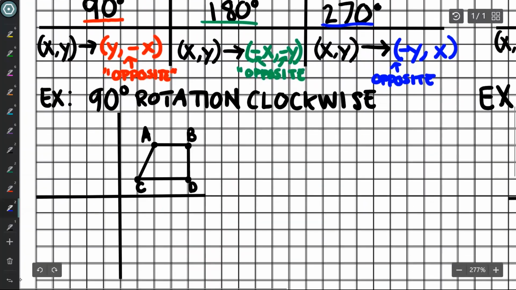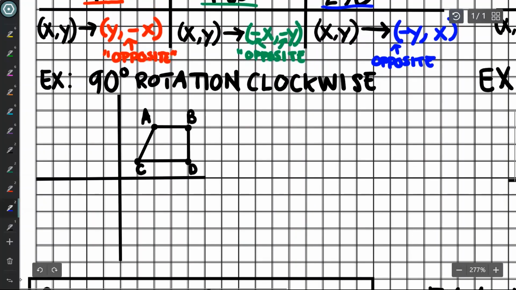All right, we're going to do a really quick example of this. We're going to keep this in view so we can use it. So we want to do a 90-degree rotation clockwise, which means we're looking at this part of our table. So because we only know the coordinate points, that's how we're going to do this rotation. So I'm going to start by writing all of these out.